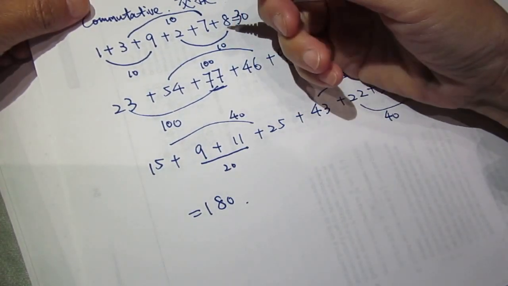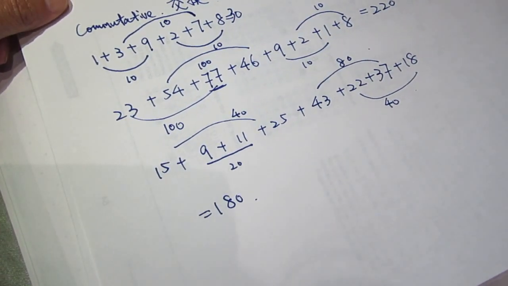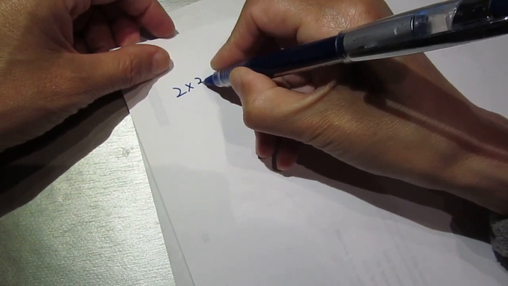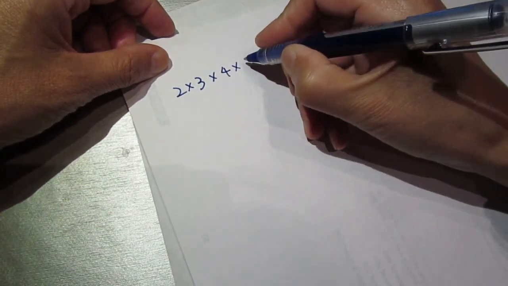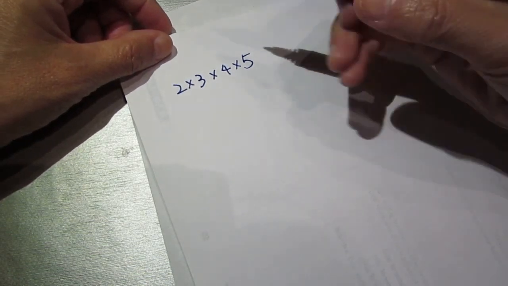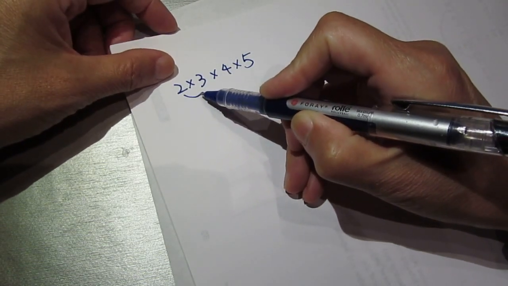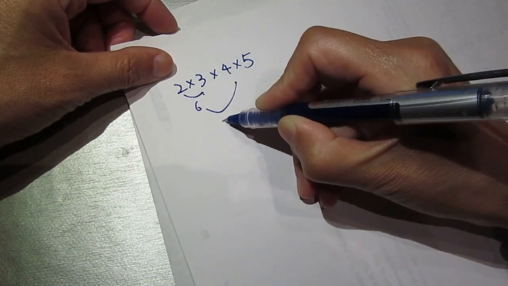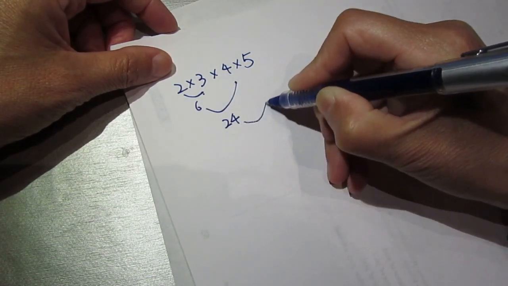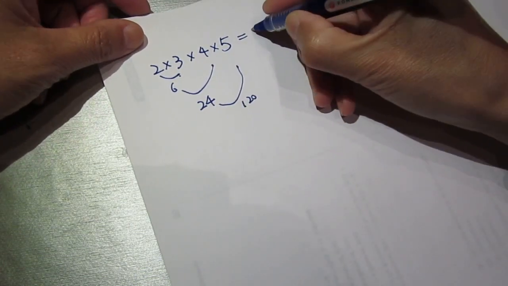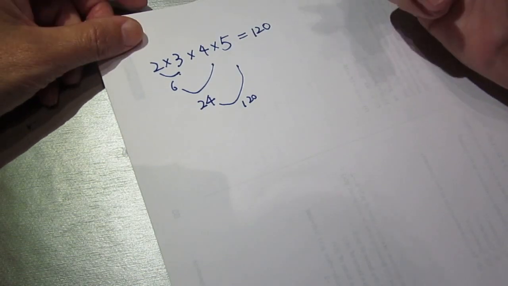And the commutative property applies in multiplication also. Let's say 2 times 3 times 4 times 5. So 2 times 3 is 6, 6 times 4 is 24, and then 24 times 5 equals 120. You can get the result 120. This is without any trick.